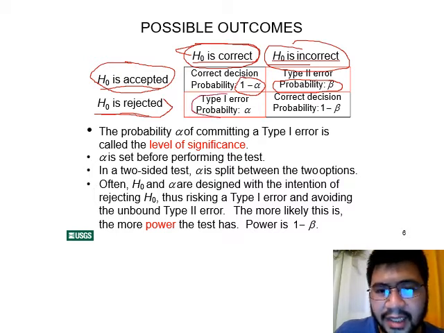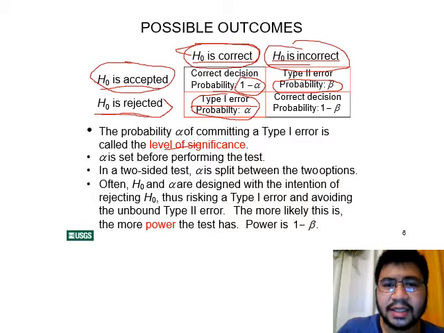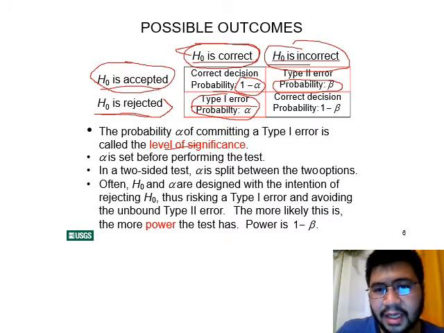And the chances of this one occurring is equal to the probability of alpha, or the level of significance. And finally, we have the sort of true negative scenario, where we reject the null hypothesis, and the null hypothesis in fact is incorrect.